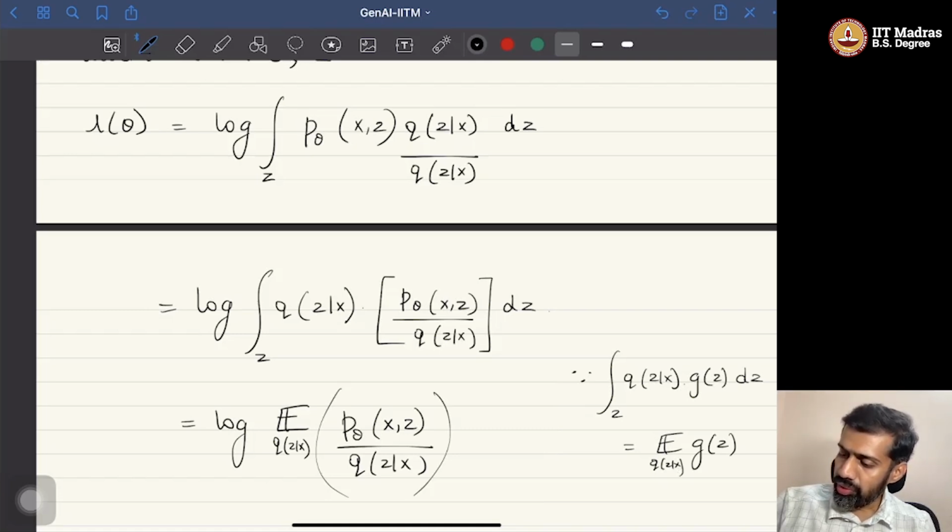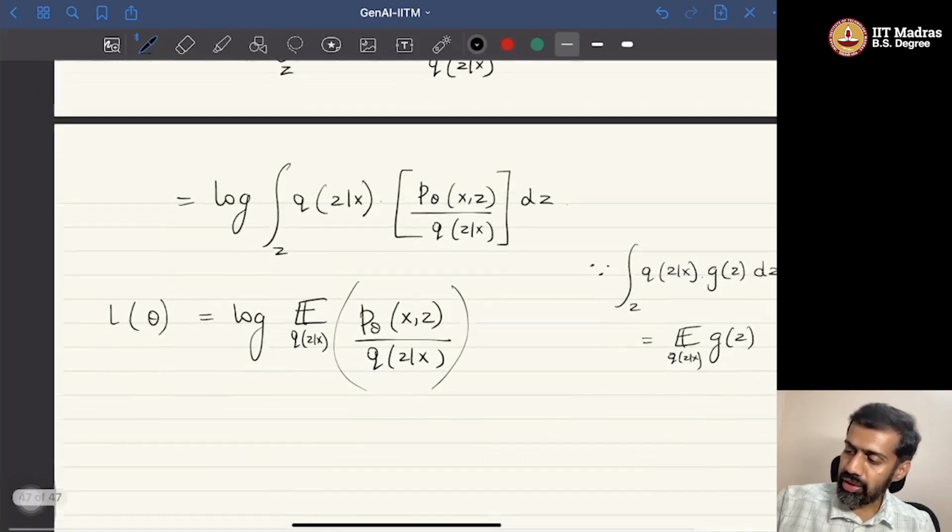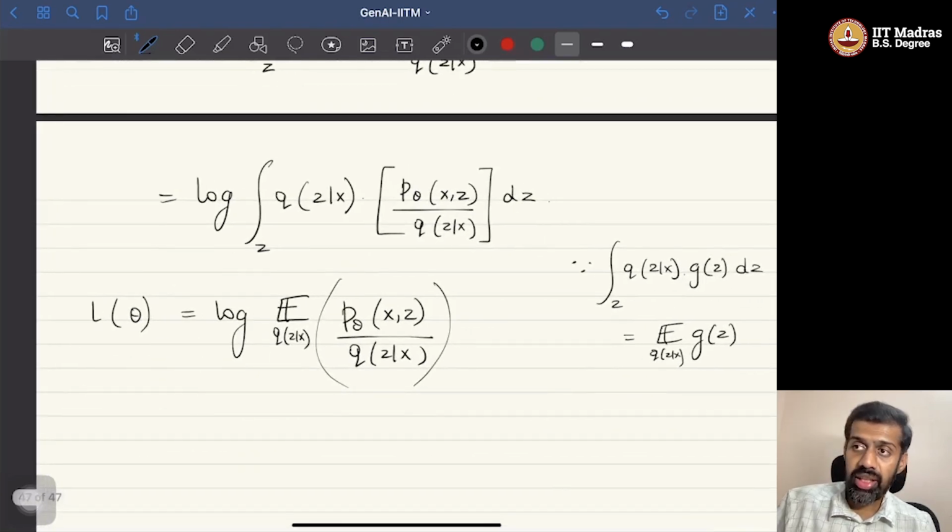Now we have written the likelihood function that we want to maximize as an expectation. Observe that we have the log of an expectation. We know how to compute expectations using statistical estimates, by taking sample means.